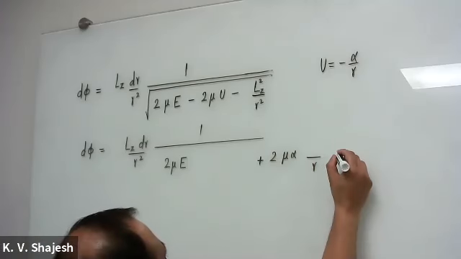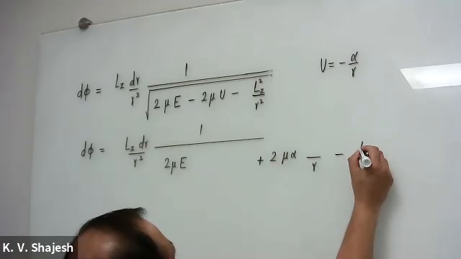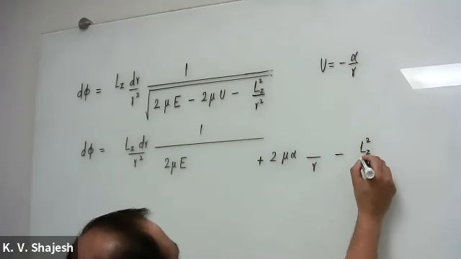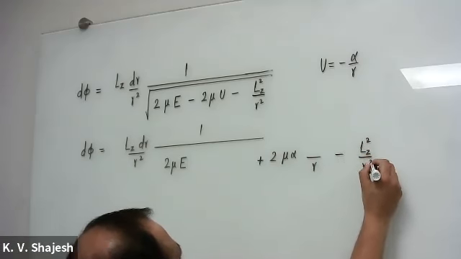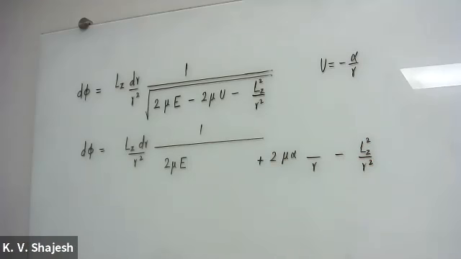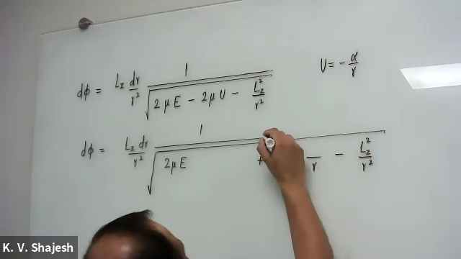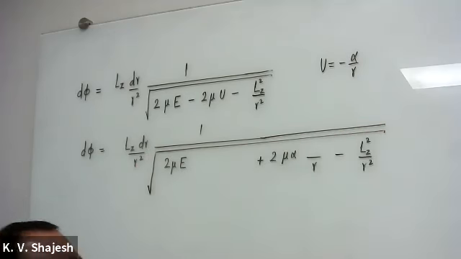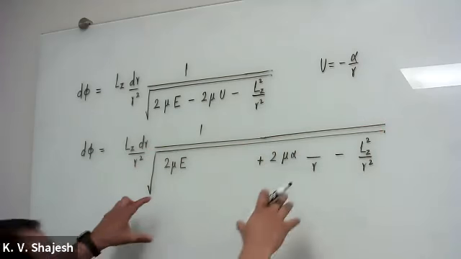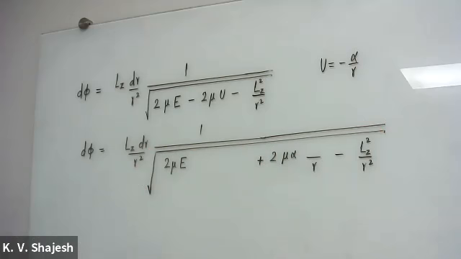Everything is inside a square root. You could probably write it in two different steps.